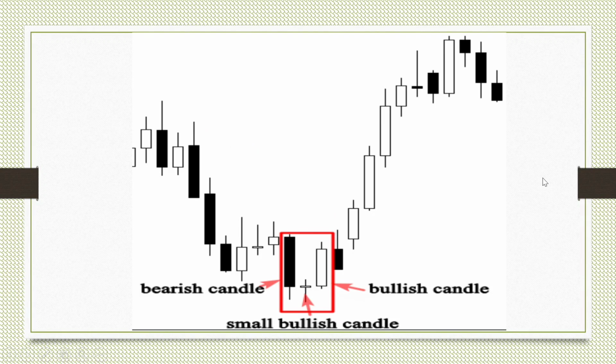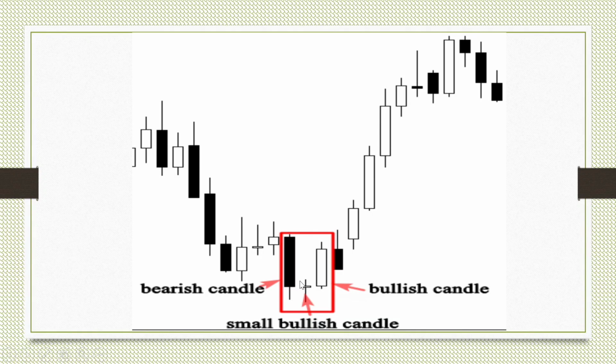Now this is what I'm talking about. At this point, price was in a downward move. The bears were in control of the market, and then this huge bearish candlestick appeared, and then the second one appeared.